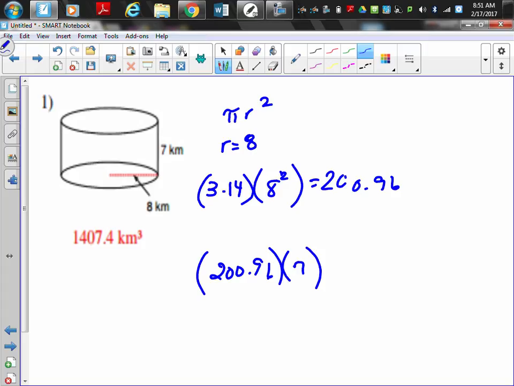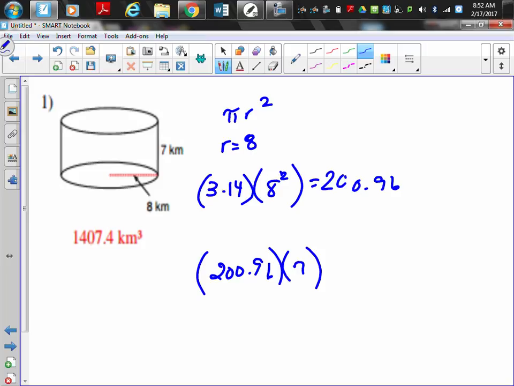Let's see if they use the pi button. We got a pi button. Let me tell you something. On the circles, they are using the pi button. Now, if it does not tell you to use 3.14 for pi, then you do use the pi button.